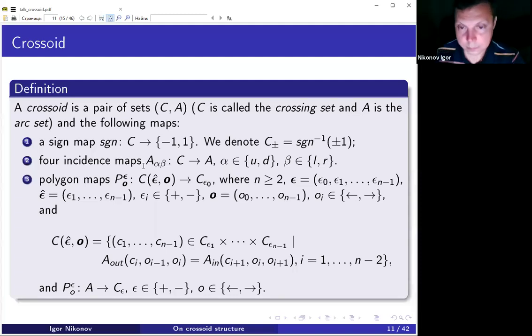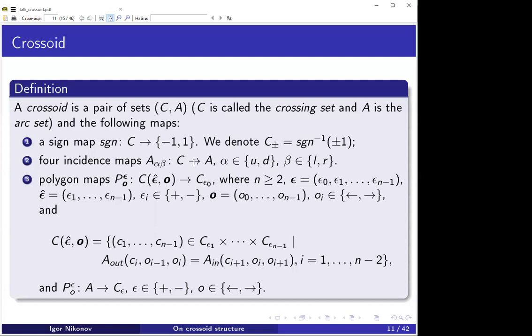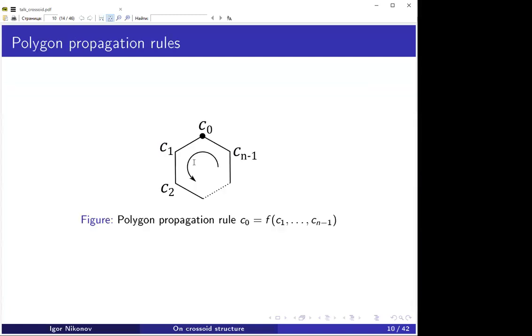Next, we have incidence maps, which connect the color set for crossings and the color set for arcs. We have 4 incidence maps. When I look at polygon maps, it reminds me of the Nikonov differential graded algebra structure.